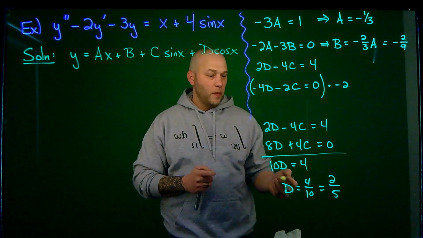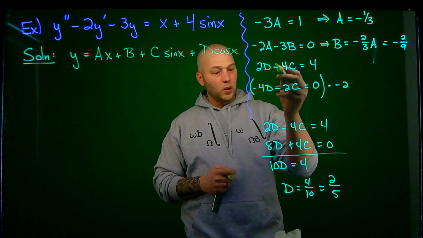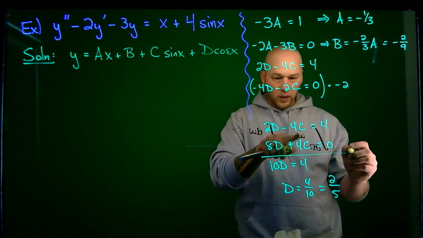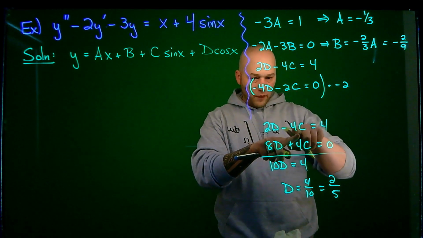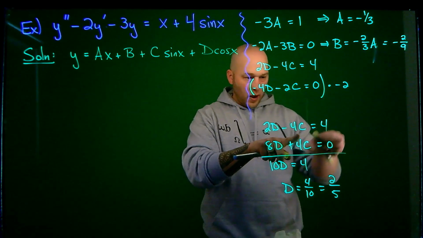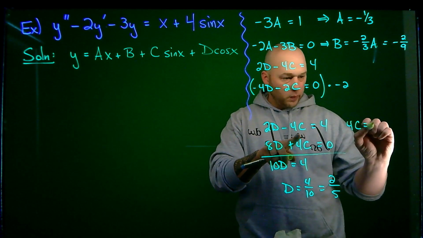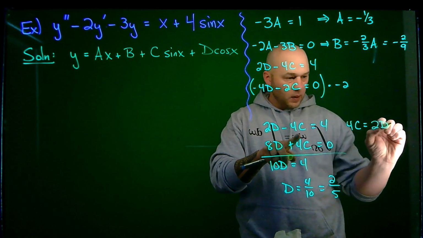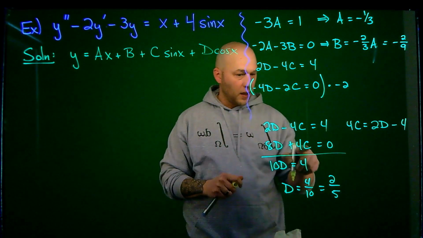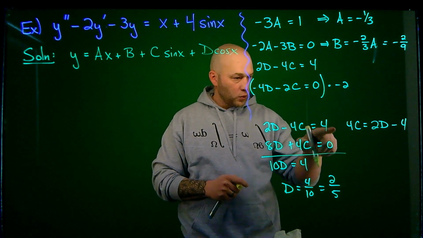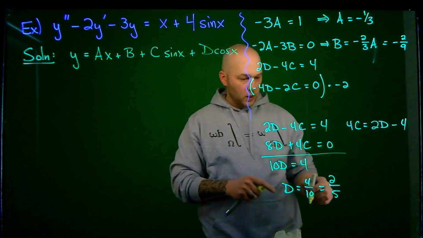Given that, I can go back and plug it in to either one of these equations to solve for c. So say I plug it into this one. Let's isolate the c term first. If I add 4c and subtract 4, I get 4c is going to be 2d minus 4. And double check that. Add 4c, isolate the 4c term, subtract 4 over, I get 2d minus 4. Okay, so that's good.